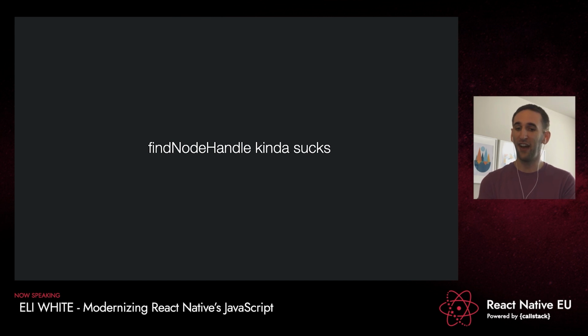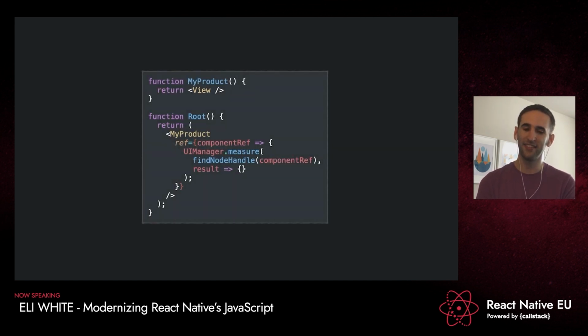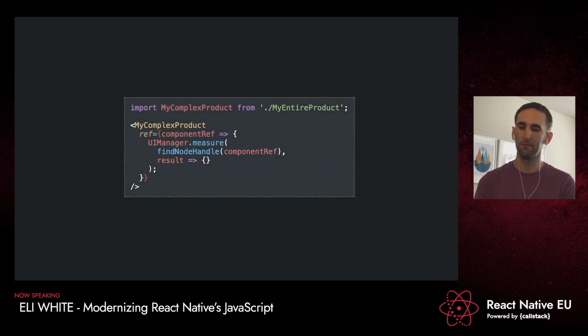And the answer is that findNodeHandle kind of sucks. Let's take a look at an example for why that is. So let's say we have a root component and a myProduct component. And root is attaching a ref, getting that ref back, and measuring that product component. So this is what it would look like with UI Manager measure and findNodeHandle.